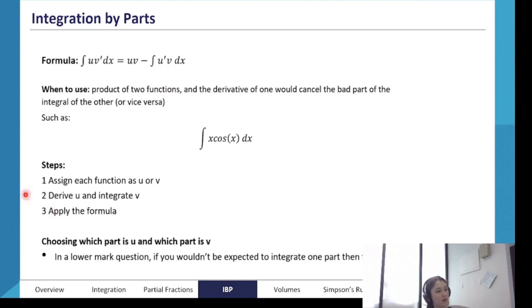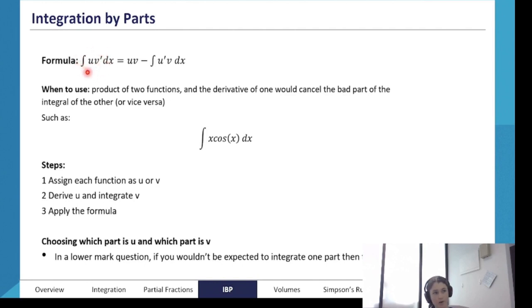But the steps are, firstly, to assign each function as u or v, and then to derive u and integrate v, and then apply the formula. So what we have here is, in our formula, we have the integral of u and v dash.